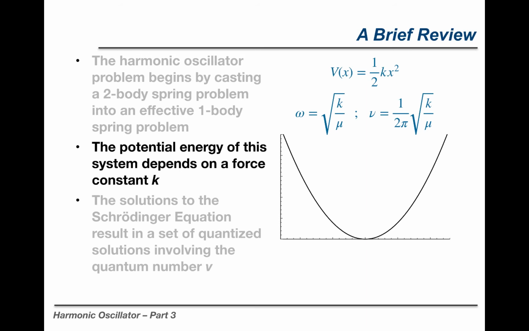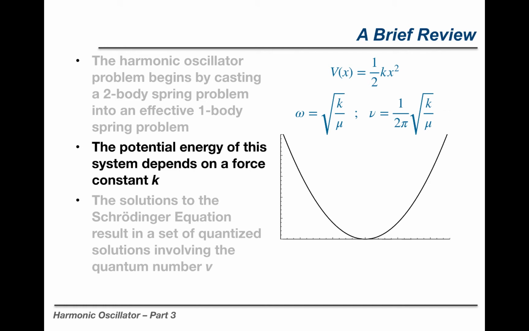We also discussed how the potential energy for this 1D harmonic oscillator system is given by V of x and is equal to 1/2 kx squared, where k is the so-called spring constant, or our force constant, and it is related to the frequency of our vibrating system, essentially the periodicity of the time displacement of x, which we call omega.